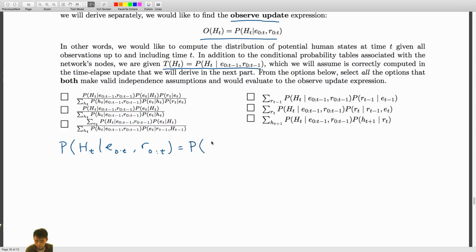That's just because it will match exactly what we're given in terms of the distribution over the human action. So this is h of t conditioned on the current evidence, the current robot action, and all the previous evidence and robot actions.